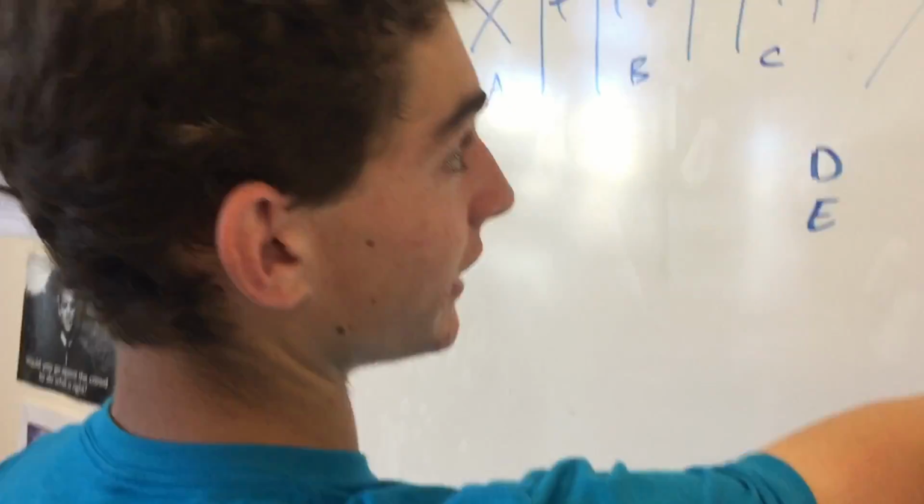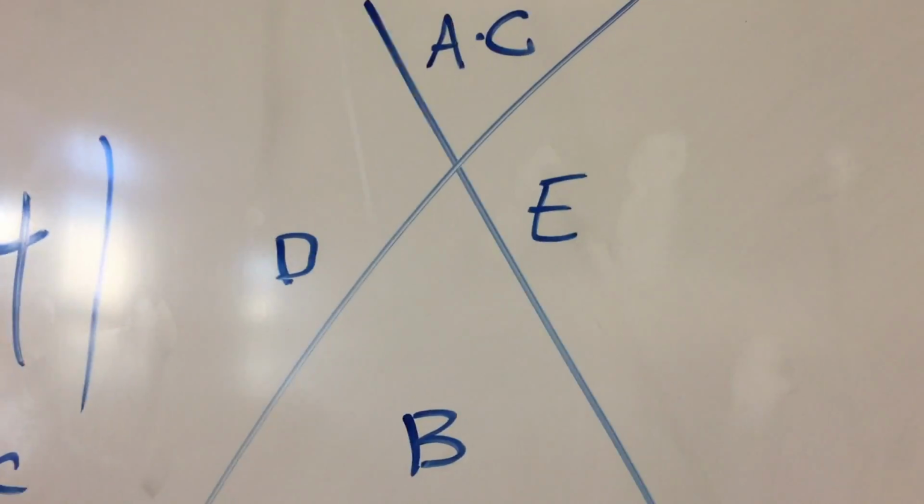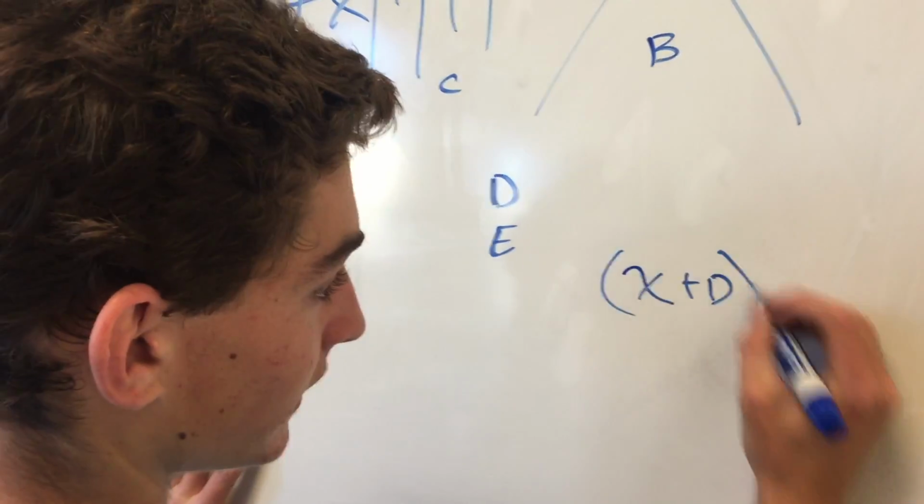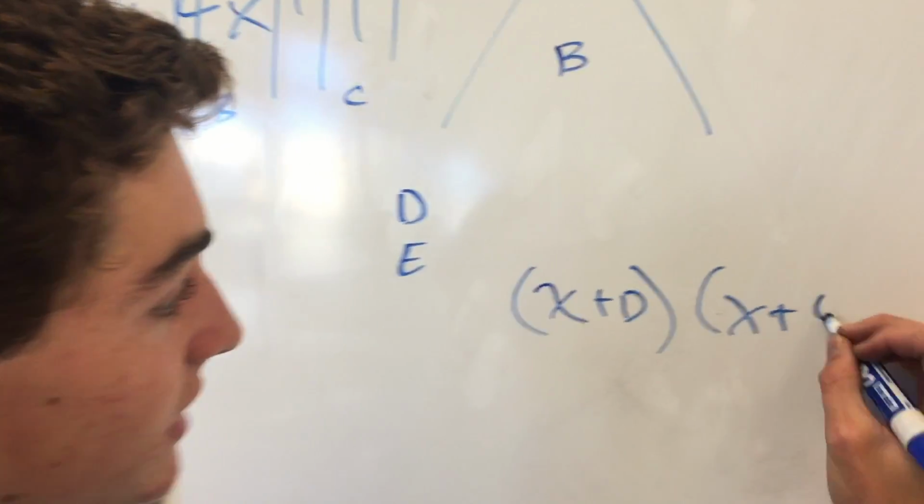E will find its way over here, in the right quadrant. Our end product will be x plus D and x plus E.